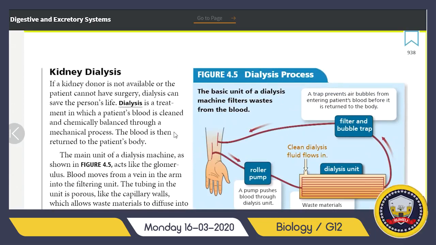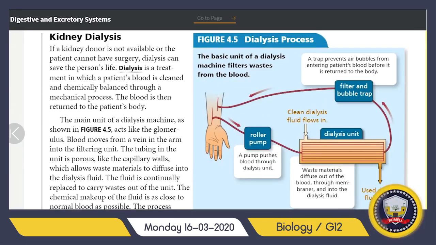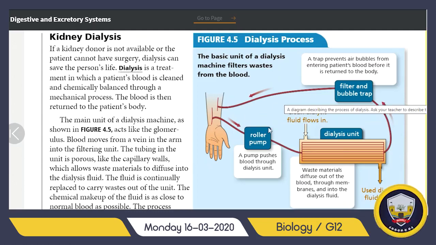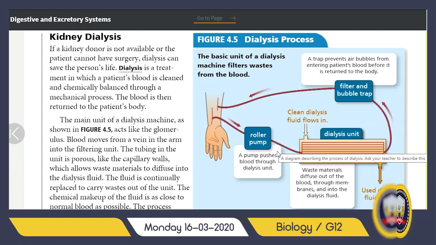Now, if the kidney donor is not available, or the patient cannot have surgery for various reasons, what can save the person's life is dialysis. Dialysis is a treatment in which the patient's blood is cleaned and chemically balanced through a dialysis unit, through a machine.